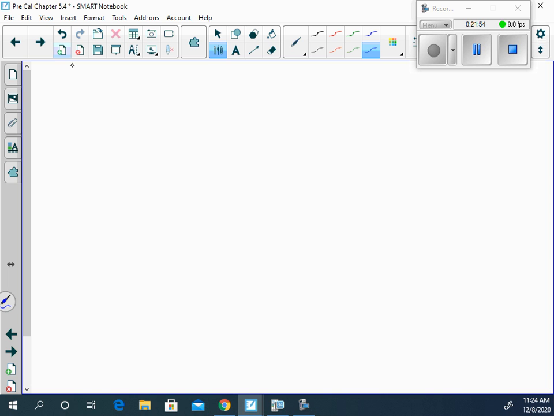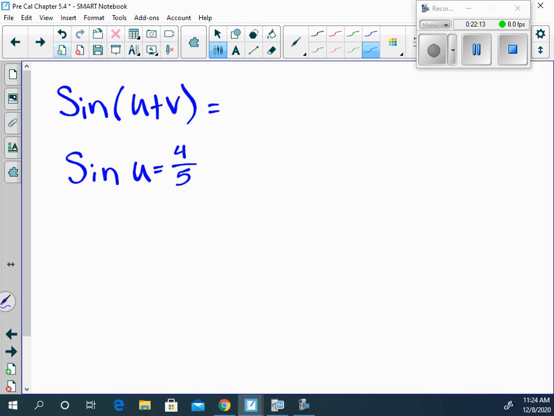Okay. Find the exact value of sine of u plus v, given sine of u is equal to 4/5 and 0 is less than u is less than pi over 2.